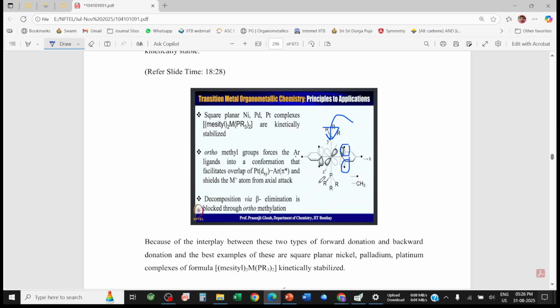The decomposition via ortho metallation is also blocked, because as the ortho positions of the aromatic ring are all substituted, it also cannot undergo the beta elimination reaction. This is the way you can provide the kinetic stability of this type of system.